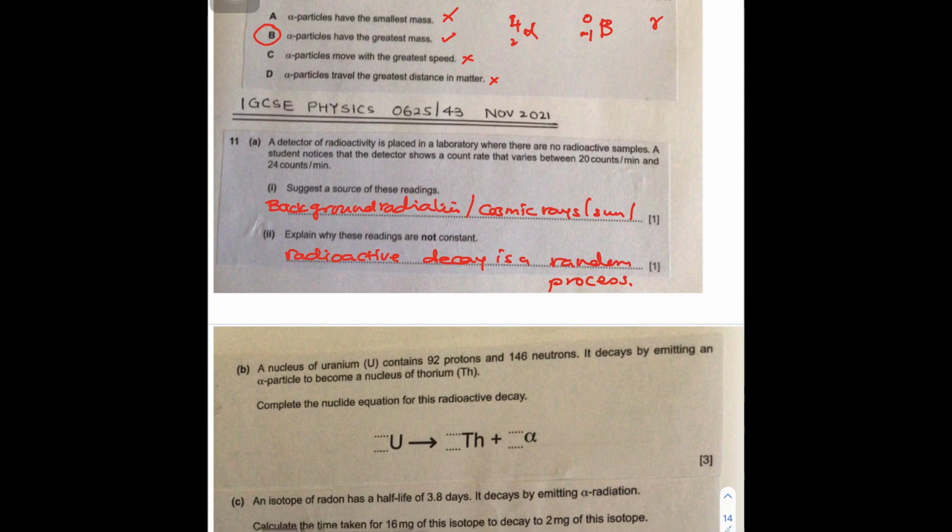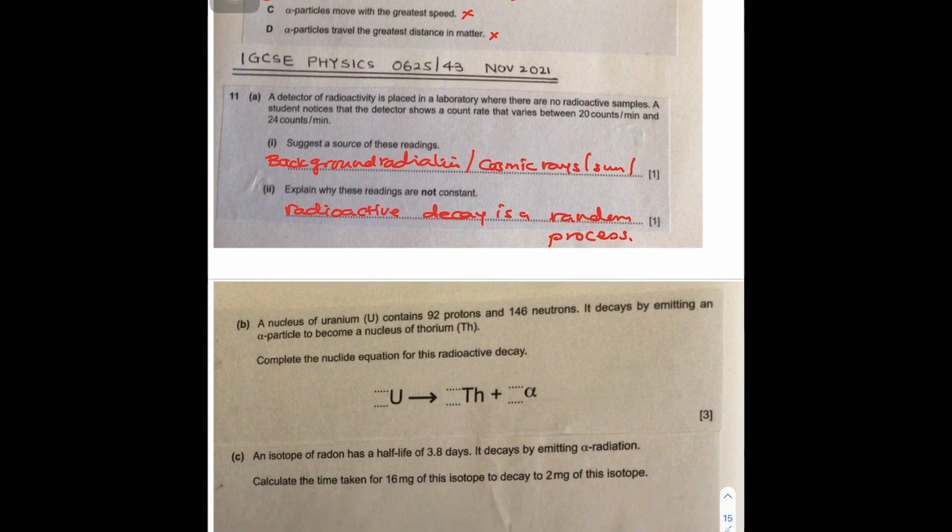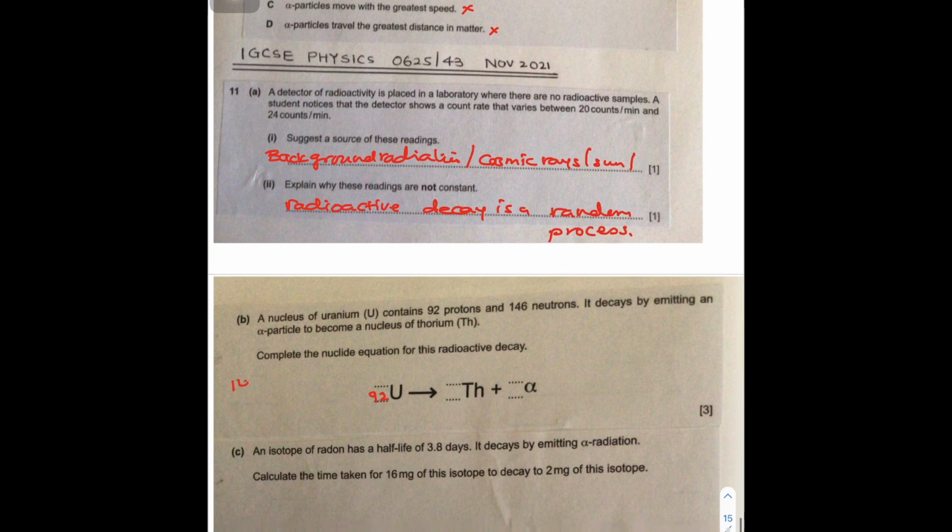A nucleus of uranium contains 92 protons, 146 neutrons. It decays by emitting an alpha particle to become a nucleus of thorium. Complete the nuclide equation for this radioactive decay. Alright. Now, nucleus of uranium contains 92 protons. So I write 92. And 146 neutrons. So 146 plus 92 is 238.